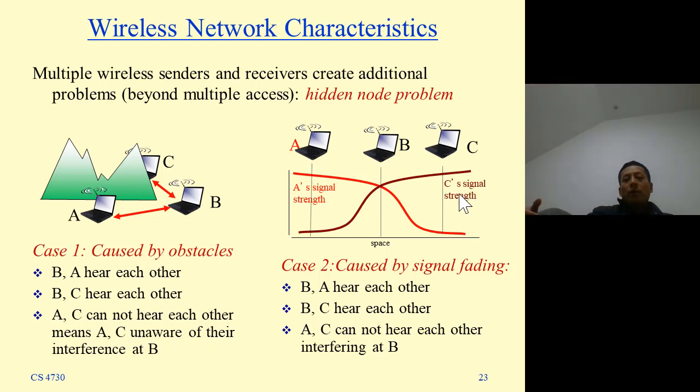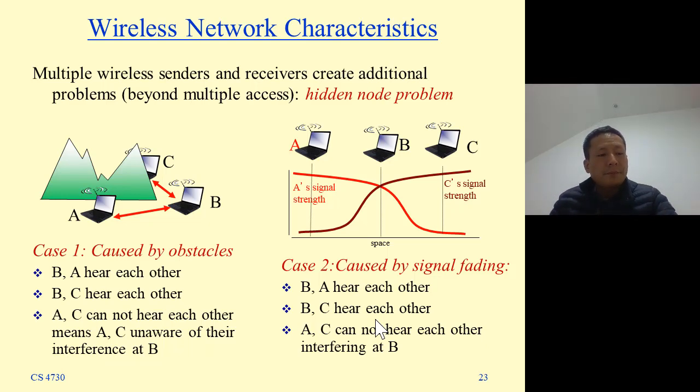Similarly, for the signal sent out by C, when it arrives at A, it's very weak and A cannot see it. So both of these cases may cause the hidden node problem. Make sense?